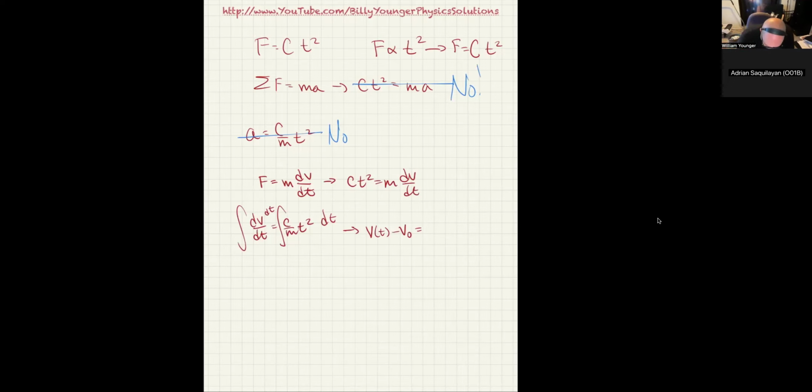On the right hand side, though, we get c over m times the integral of t squared, which would be 1/3 t cubed. So now we can say the velocity as a function of time has got to equal 1/3 c over m t cubed plus v0.